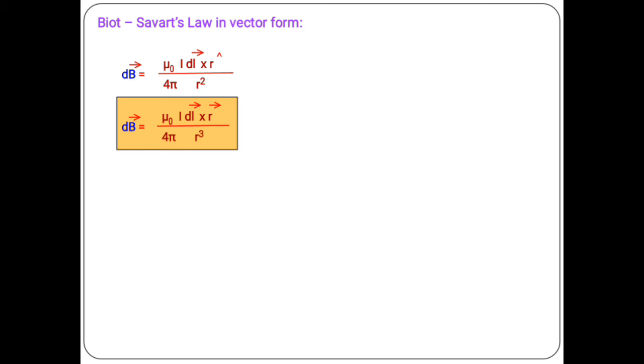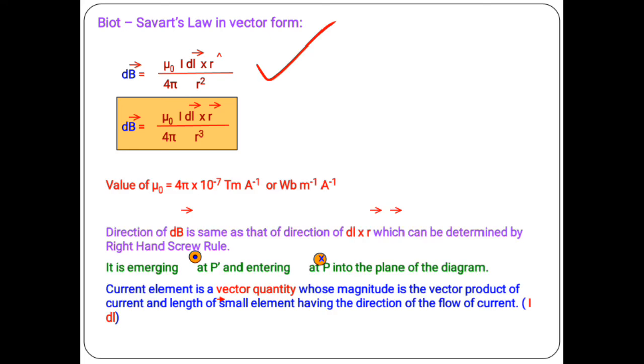So r gets cancelled, and we can write r cap by r squared. So this is the vector form. Here I dl vector cross r cap gives I dl sin theta, since the value of r cap is 1. So this is the vector form of the Biot-Savart law.